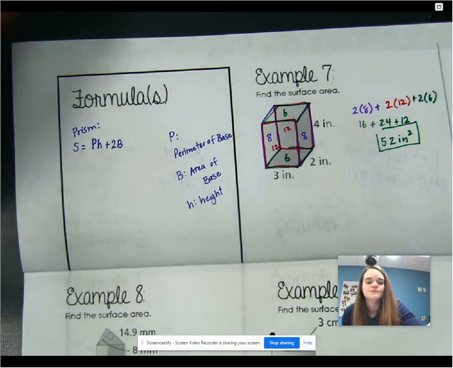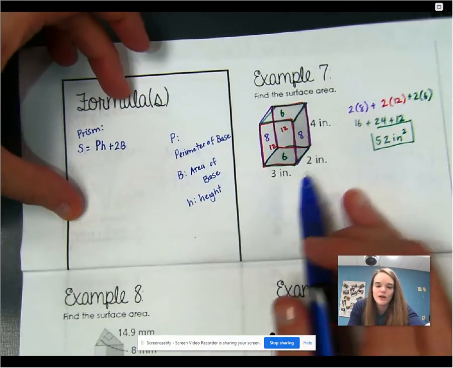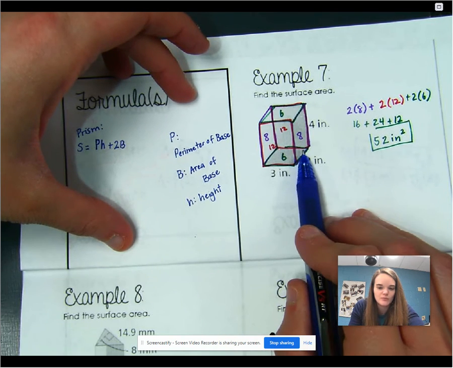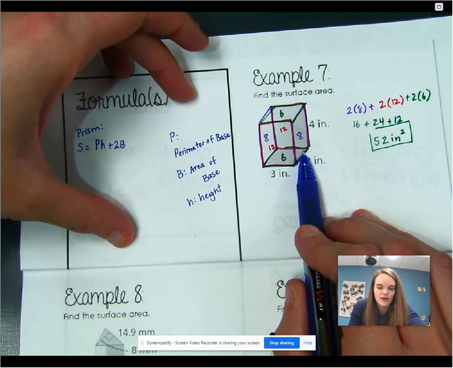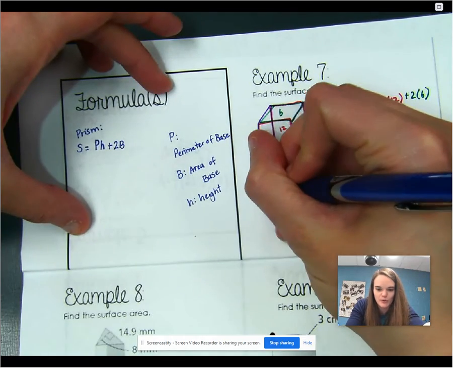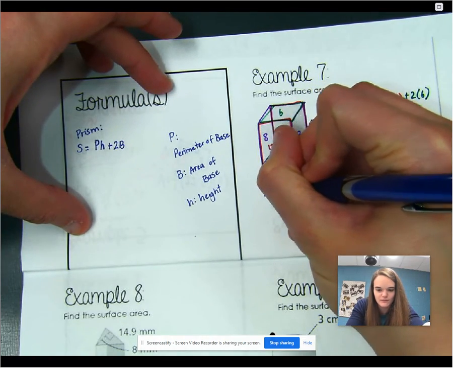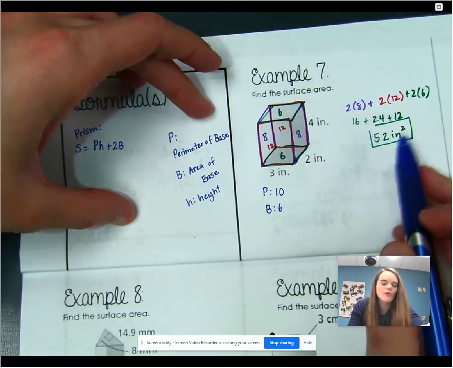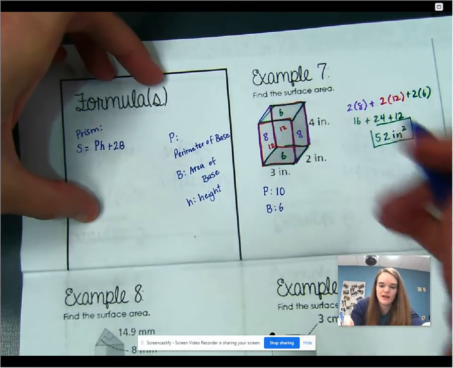Perimeter, I'm going to show you that this works on this one. 3 plus 2 is 5, plus 3 is 8, plus 2 is 10. So the perimeter of this base is 10. The area of the base is 6. So we've already found it, but we're going to make sure that that actually worked.